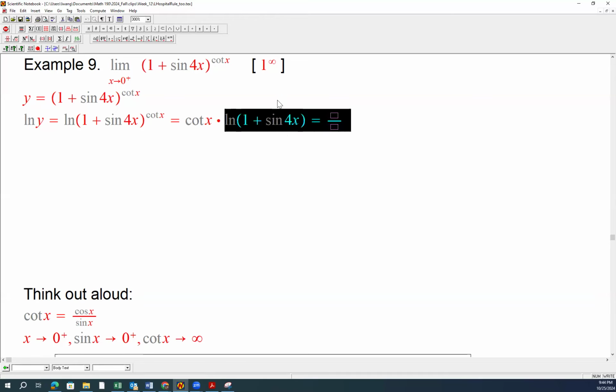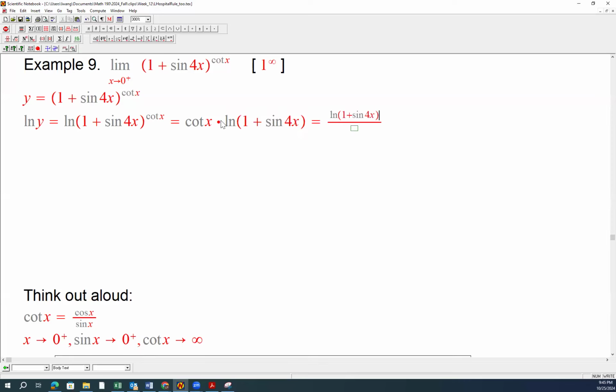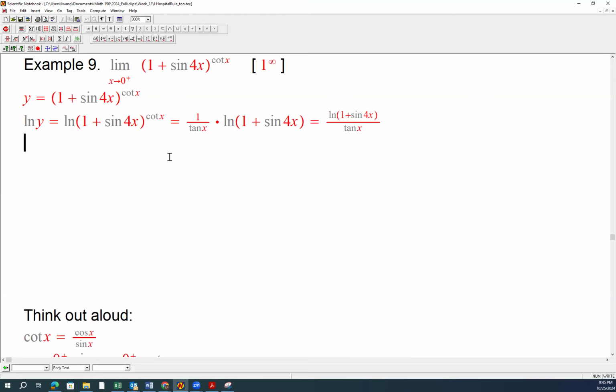So the ln piece will be our numerator, and cotangent is 1 over tangent, so tangent will go in the denominator. Now we have a quotient form on the right-hand side.